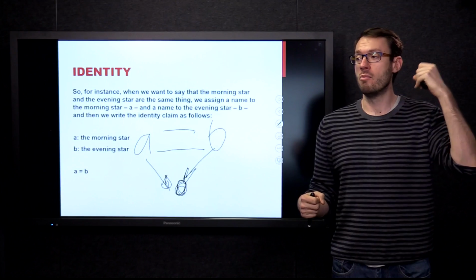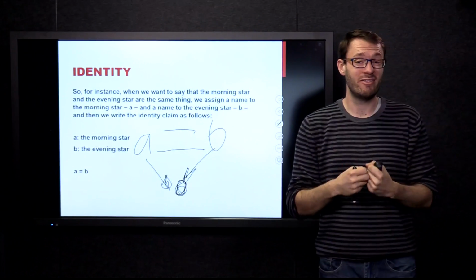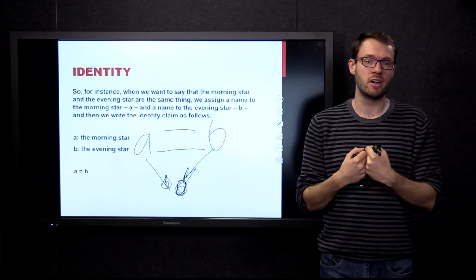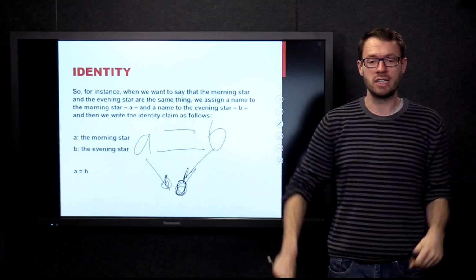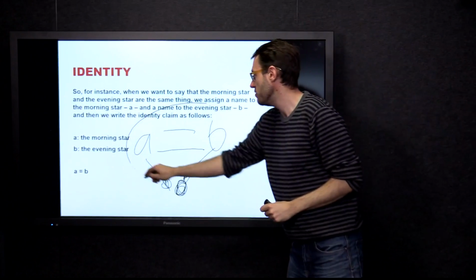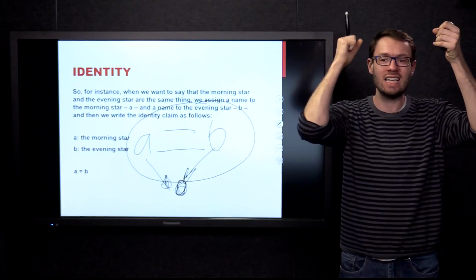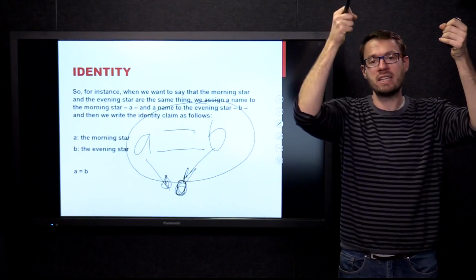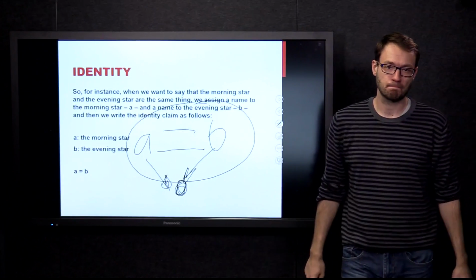So if the morning star and the evening star refer to the same object, which in fact is the case, they both refer to the planet Venus, then the morning star and the evening star are co-referring terms, and we can represent that using this item in our language. We can say that A, the name for the morning star, picks out the same thing as the name B for the evening star.